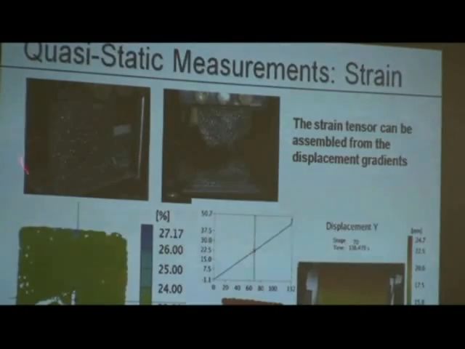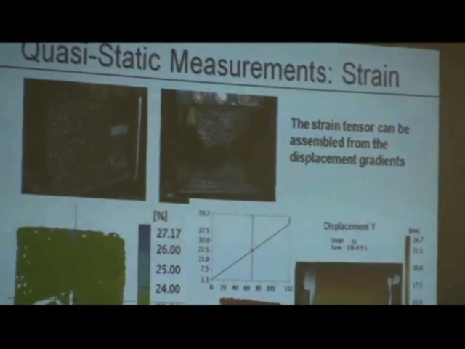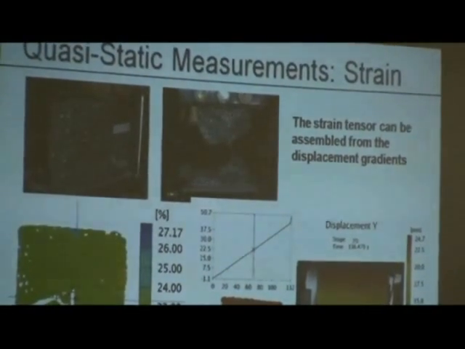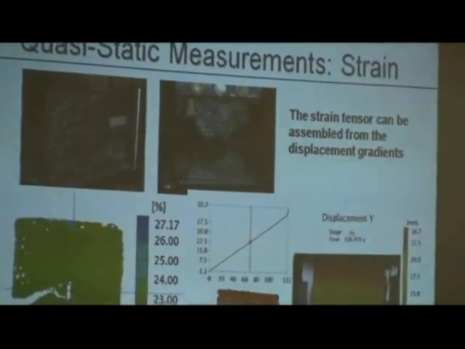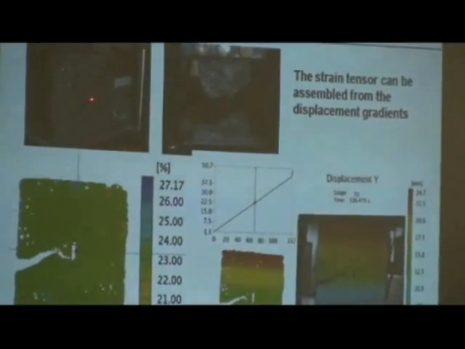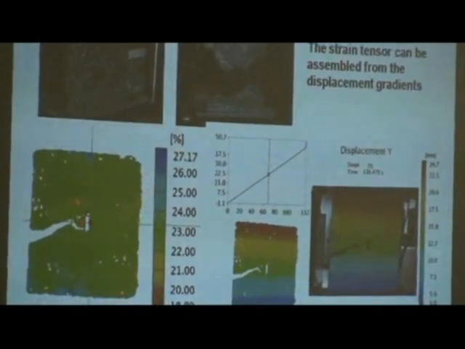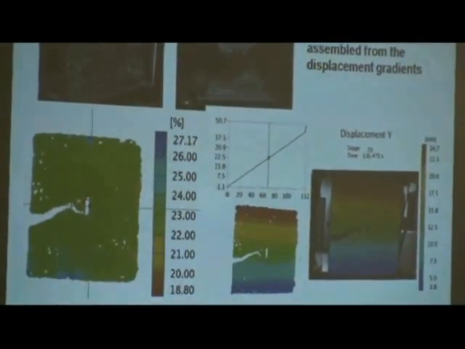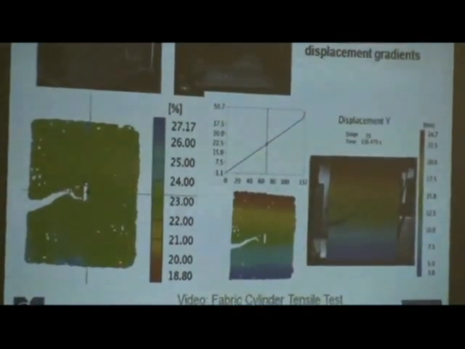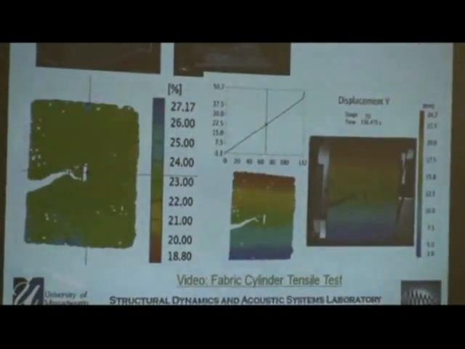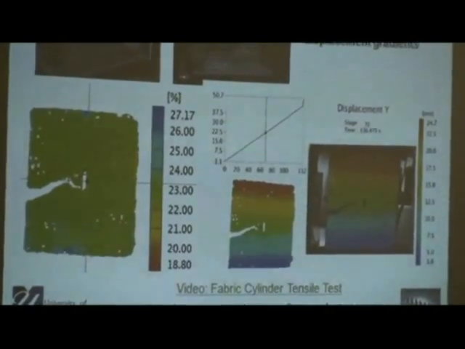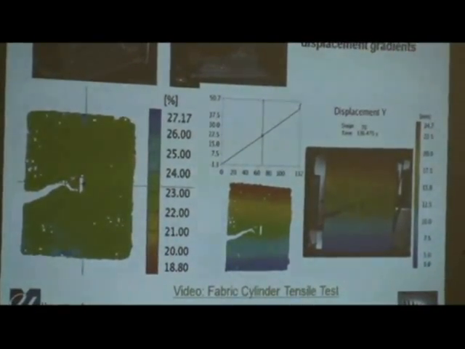This is a typical image that you would get by using digital image correlation. In this test, we had a strain sensor right in the middle, located right about here, and you would get information right there at that specific location. But with digital image correlation, we're getting full field information about what's happening everywhere on the surface.